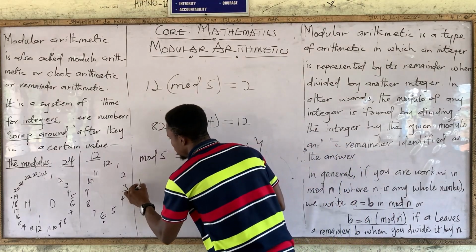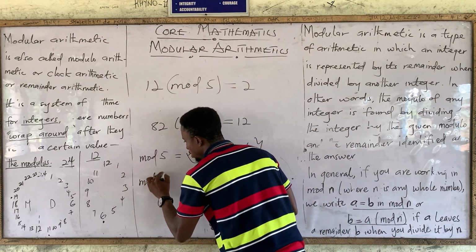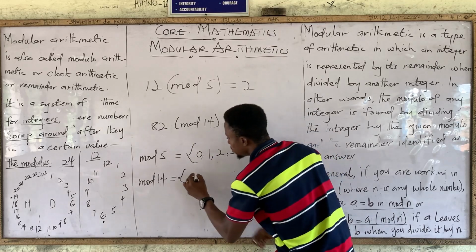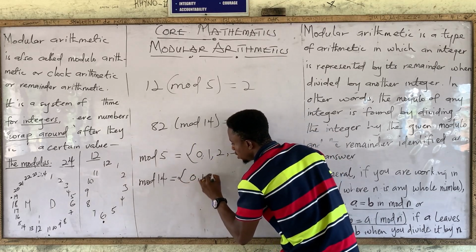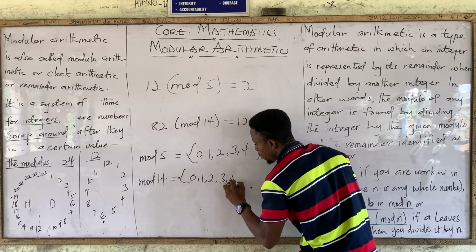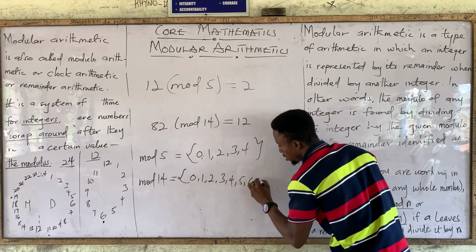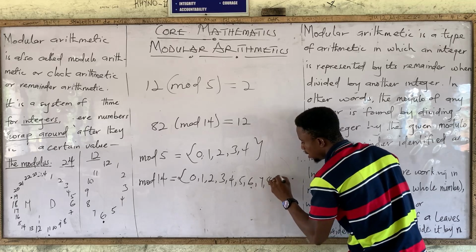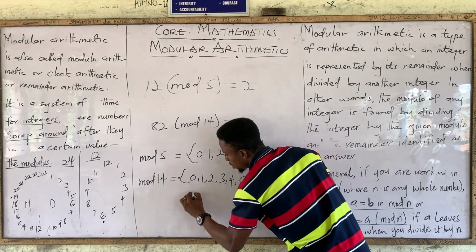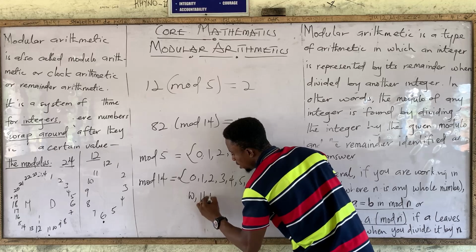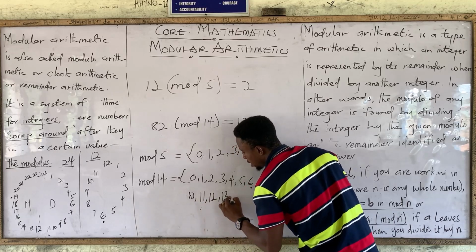And mod 14 can also be 0, 1, 2, 3, 4, 5, 6, 7, 8, 9, 10, 11, 12, and 13.